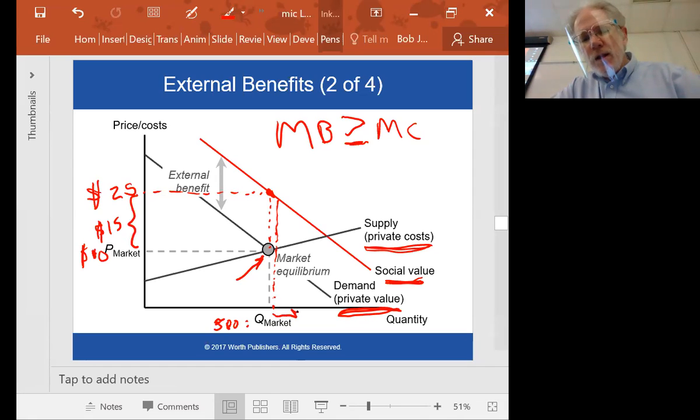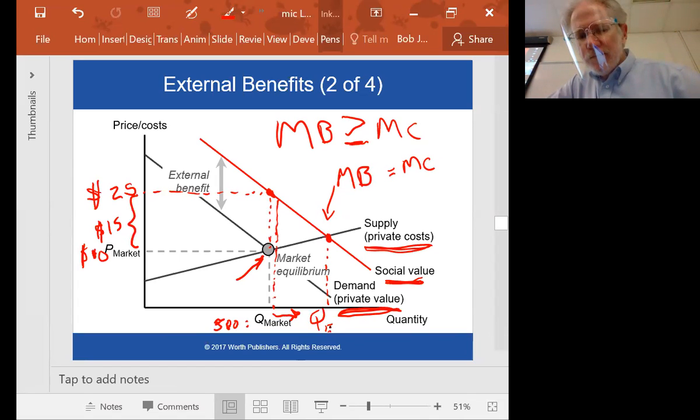We want people to continue getting the vaccine until we get out to that point, because at that point, the marginal benefit and the marginal cost would be equal. So the efficient quantity is going to be here. Let's say that's 700 people.